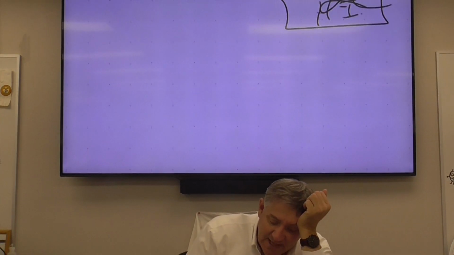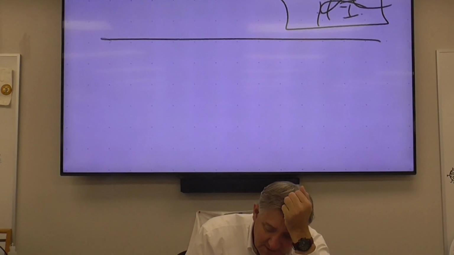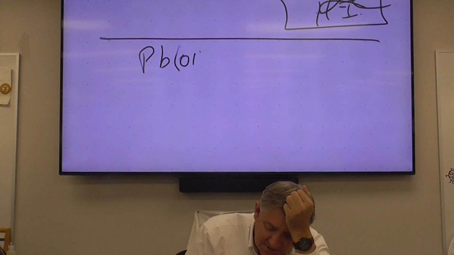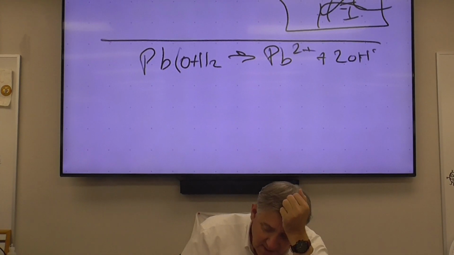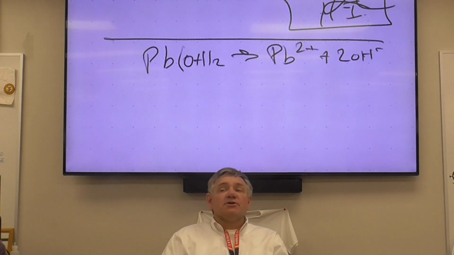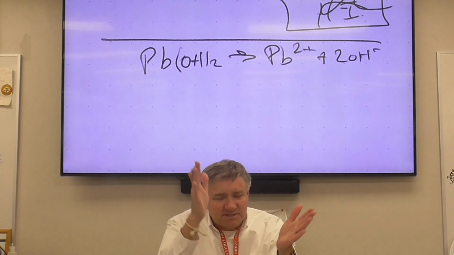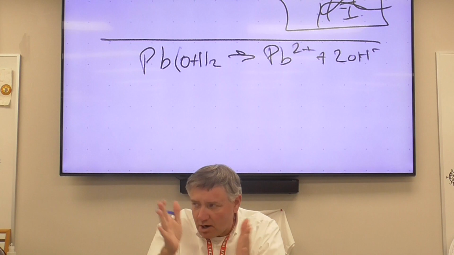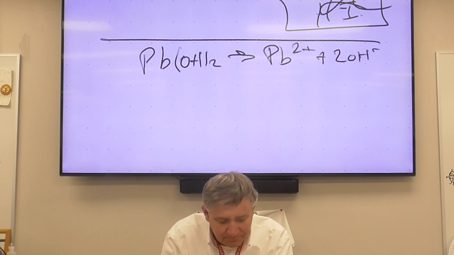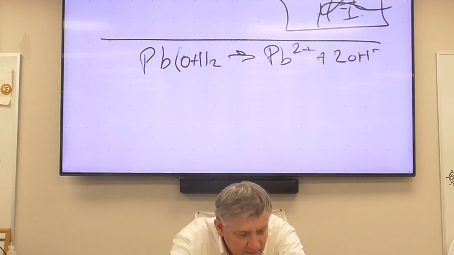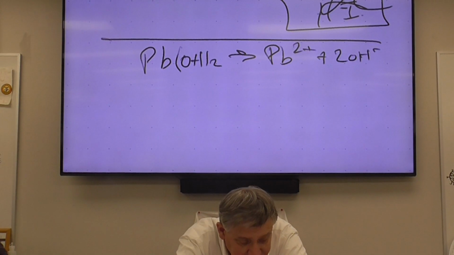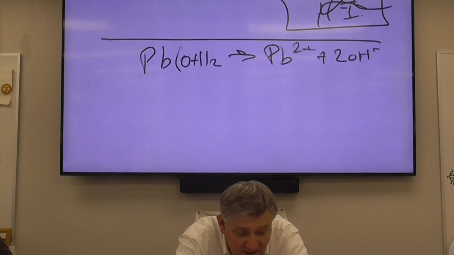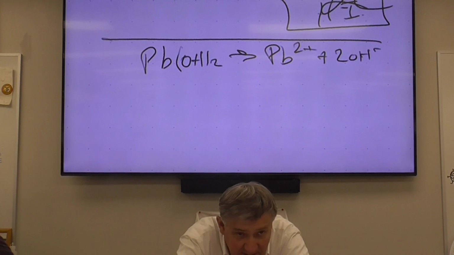So you're going to make lead hydroxide, PbOH2 forming, and 2 hydroxides, right? You need the concentrations after they are mixed. If all goes well, your QSP calculation is going to be around 1 times 10 to the negative third.